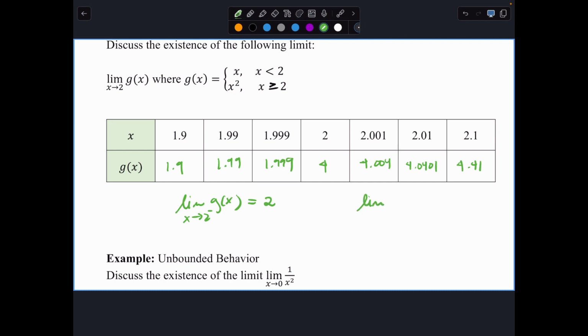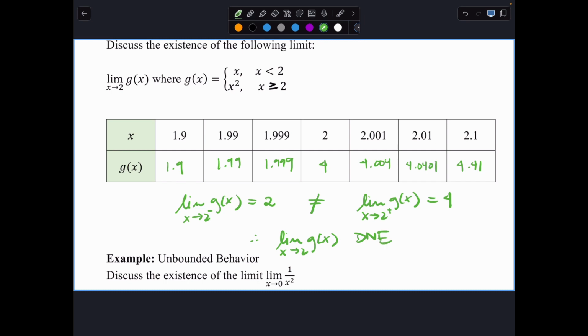But then the limit as x approaches 2 from the right seems to be approaching 4. So those limits are not equal to each other, and therefore the limit as x approaches 2 of g of x is DNE.